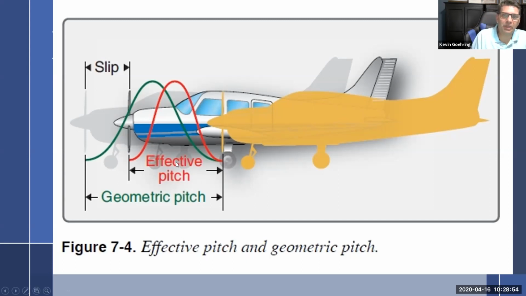If the effective pitch equaled the geometric pitch, the propeller would be 100% efficient, and they're not. So this one right here makes it about here. That's about 75% efficient? I'm just making up stuff between here and here. You can see that. And what's left over is slip. So we have the geometric pitch, effective, and whatever's left over is called slip.